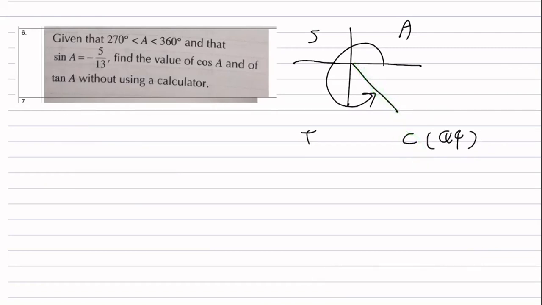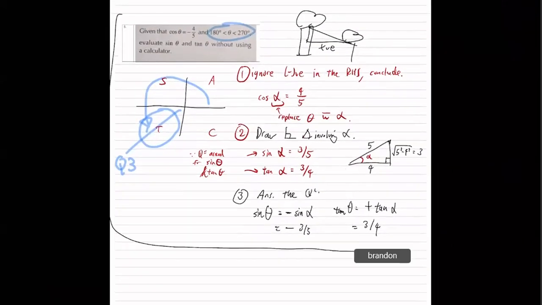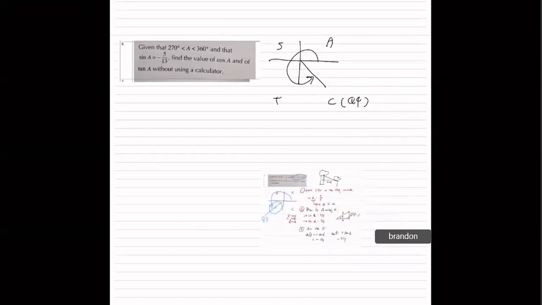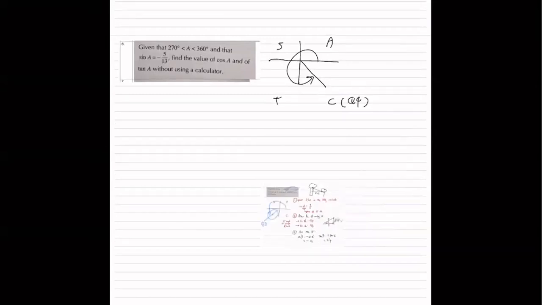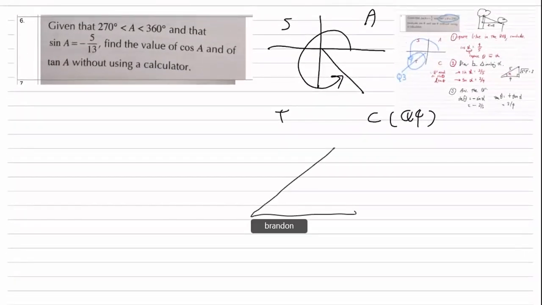So what's the procedure? Let me take a screenshot of the previous question and put it at the corner so that you can have a reference. Shrink this down, put it at a corner like this, and then I zoom in. So what do you do?